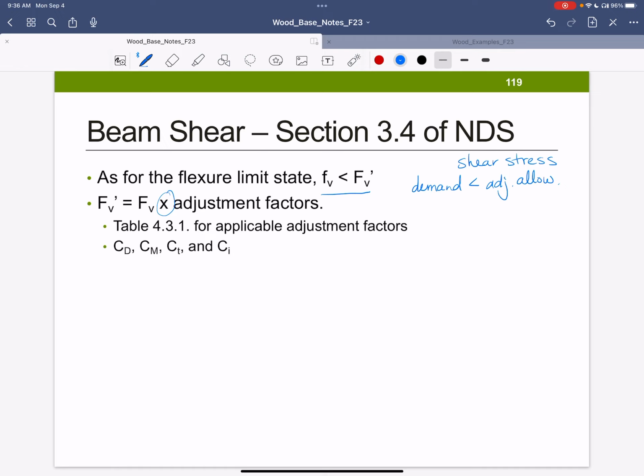So we do CD, CM, CT, and CI. So Fv prime is Fv times CD, CM, CT, and CI. All right.